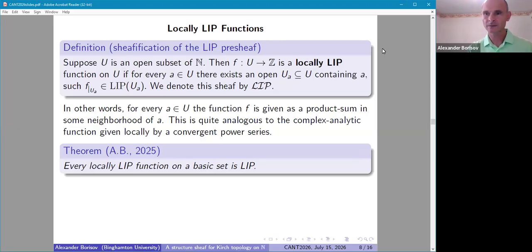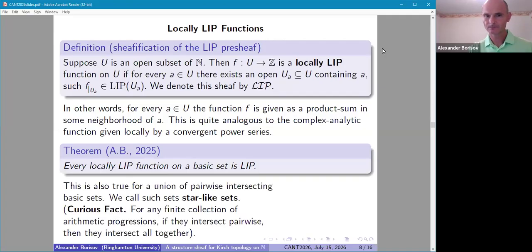And now I'm going to describe some of its properties. First of all, I like to think of these basic open sets as kind of building blocks. And this is the theorem: every locally lib function on a basic set is lib. It's completely elementary, but not completely trivial. It also generalizes to a union of pairwise intersecting basic sets.